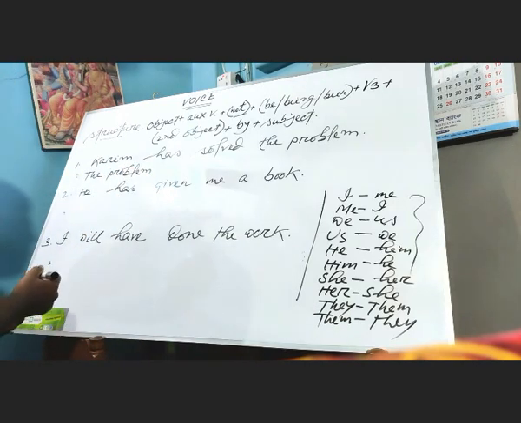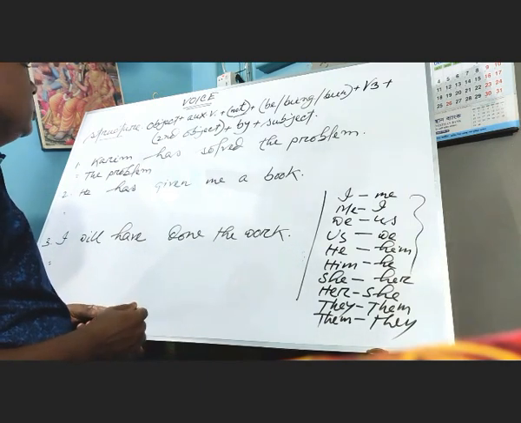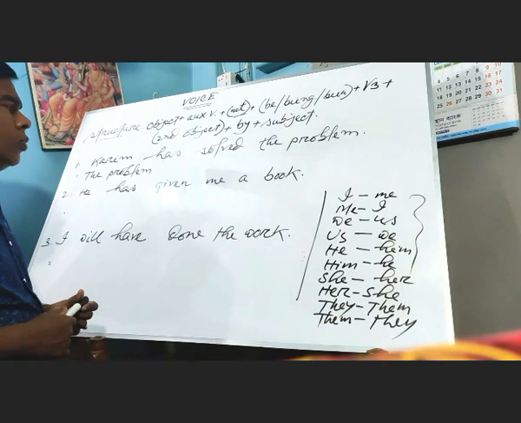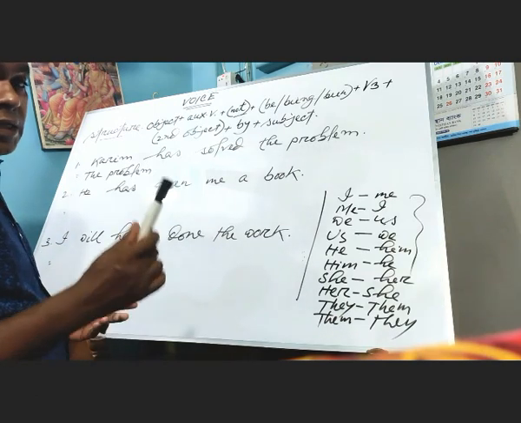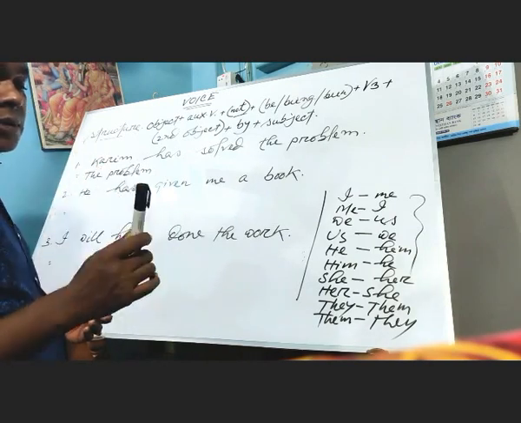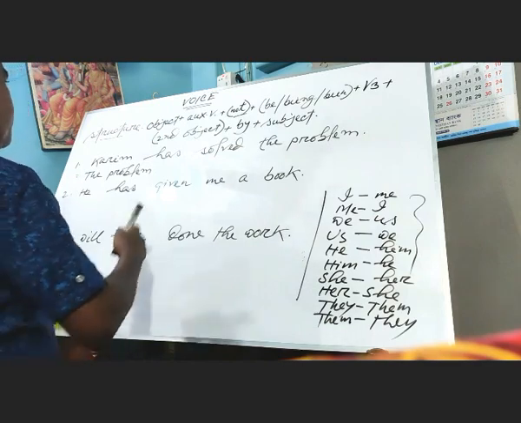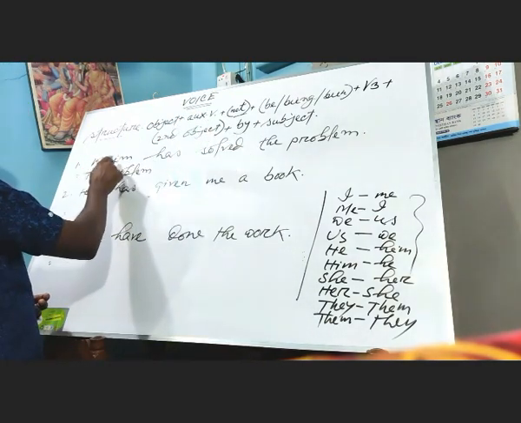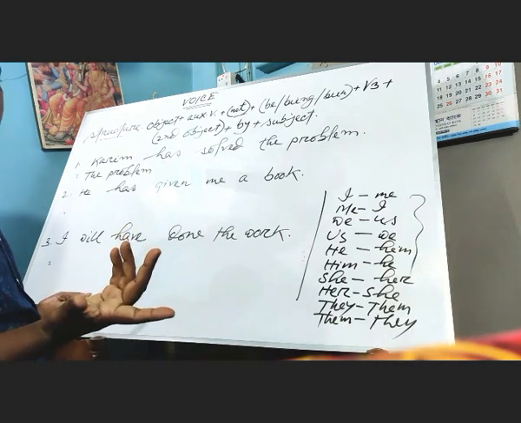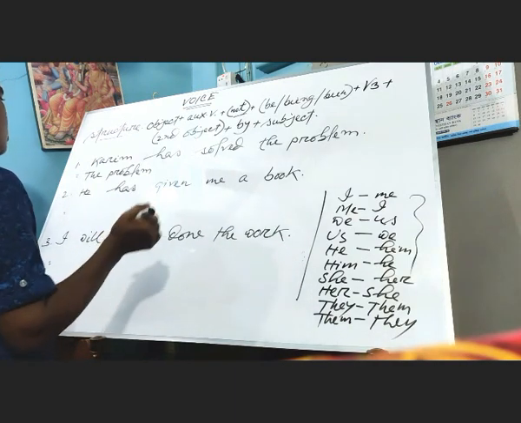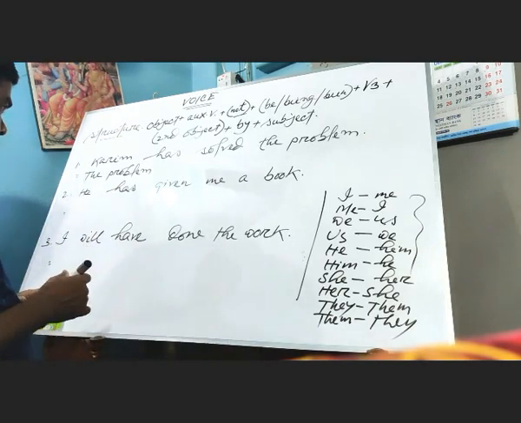The problem. Okay, this is the first one. Then what will we do now, students? We will try to write down the auxiliary, and it is mandatory. Of course, after writing the object, you will write the auxiliaries. And look, what is the auxiliary here? The auxiliary here is has. So has and have are the same. According to the person or number they are used.